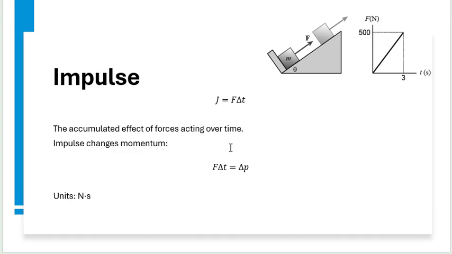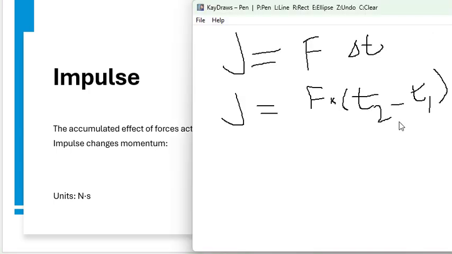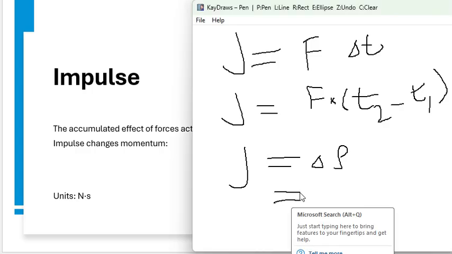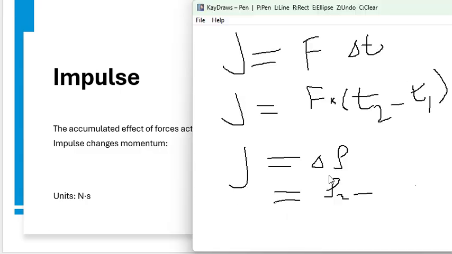Of course, we can also bring this to this side, and say this impulse is actually the change in momentum. Delta means you're dealing with the final situation minus the initial situation, and I am writing it in mass and velocity.